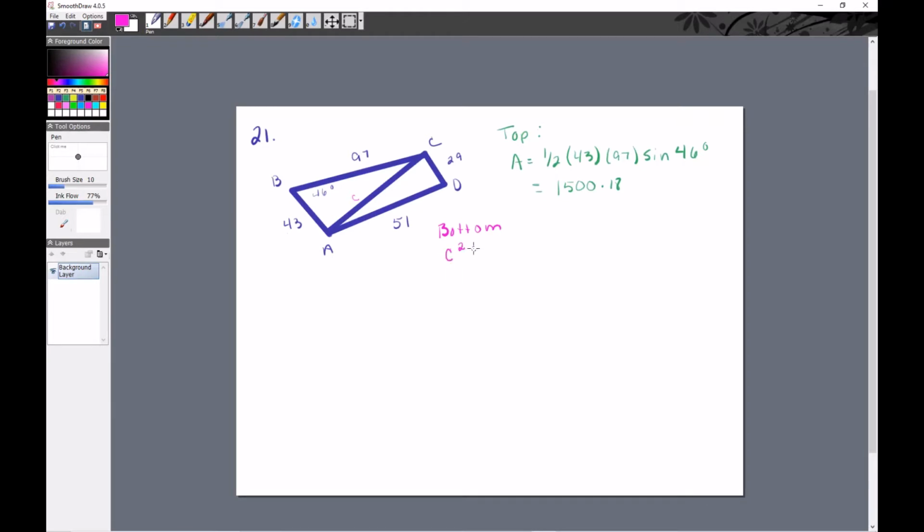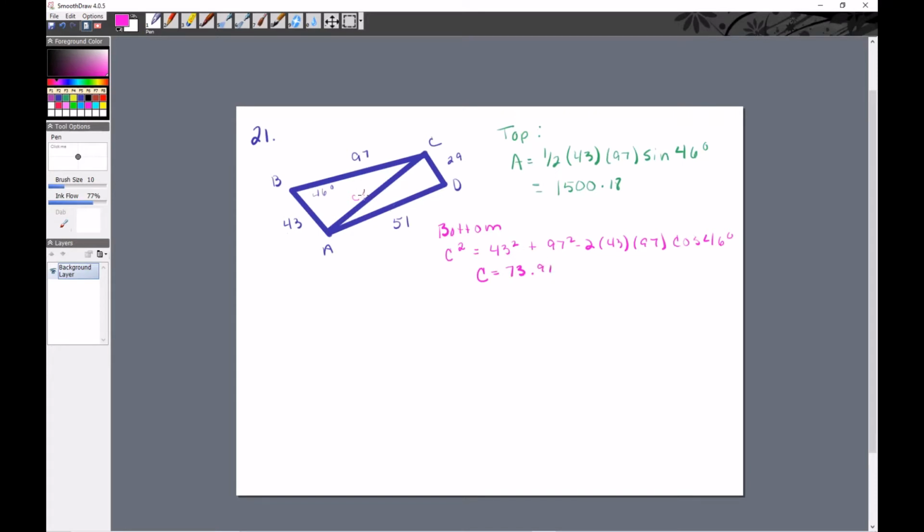So c squared equals 43 squared plus 97 squared minus 2 times 43 times 97 cosine of 46 degrees. All right, since that's the angle that we have, and that should be able to give us what c is. And of course you're going to have to take the square root of all of that to get rid of that exponent. You're going to end up with c, when you're all done, equaling 73.91.